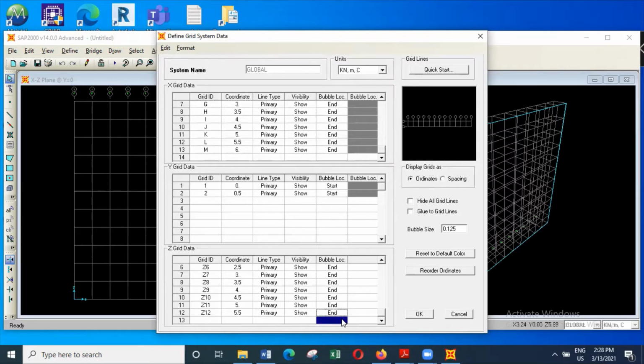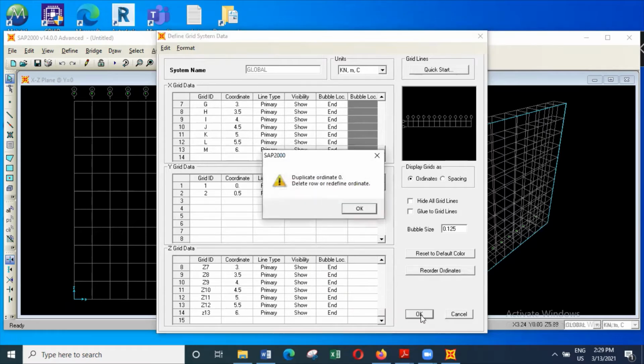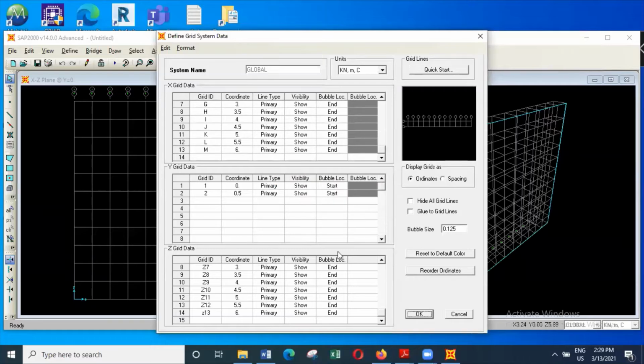So I have to go for Z13. So coordinates looks okay.